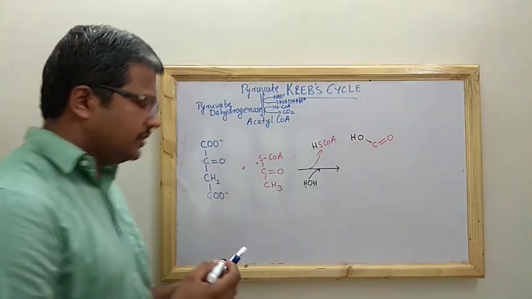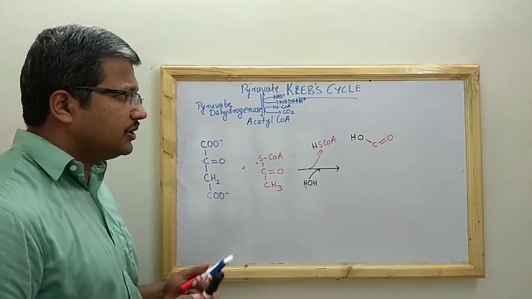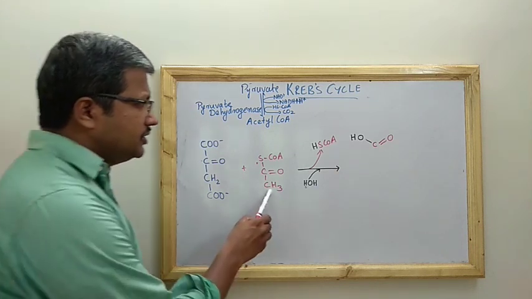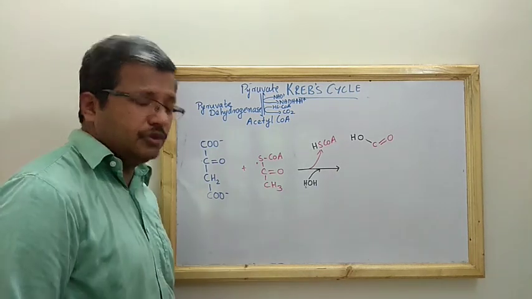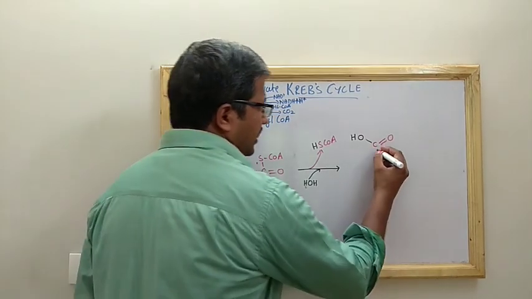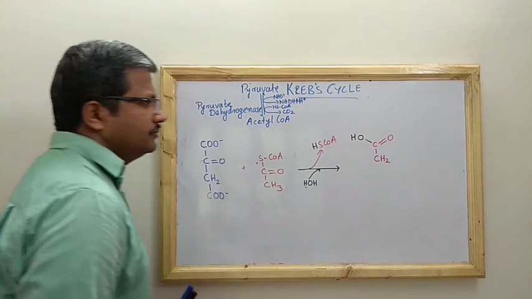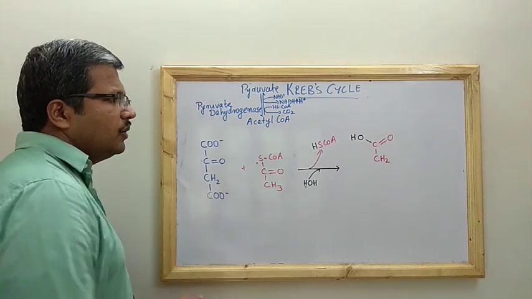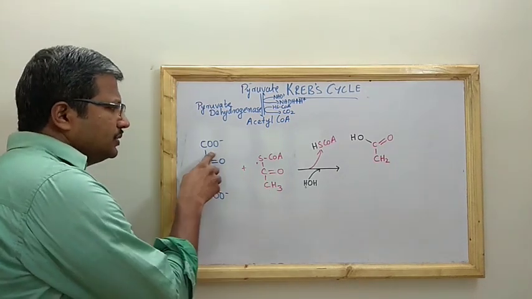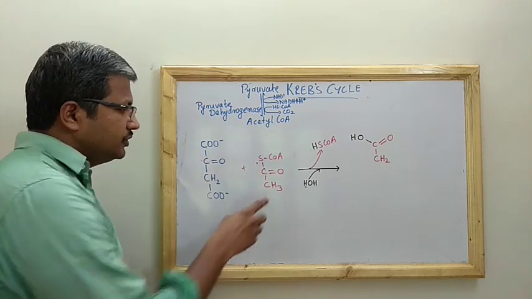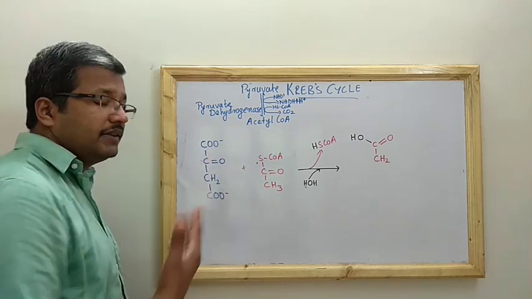OH. I'm just writing it with the different colors so that you will understand from where these and these are coming. And now this CH3. Okay, so this CH3 will be just CH2. Okay, now what will be happening? This will be attaching to this particular carbon. This will be attaching to this particular carbon. As a result, what will happen?